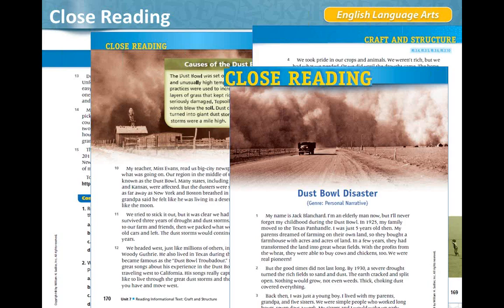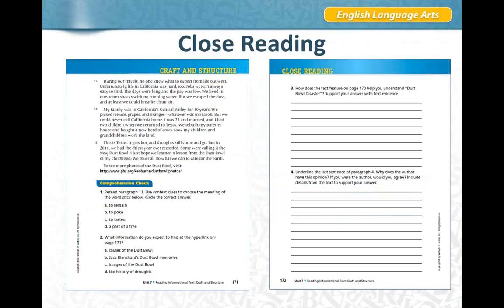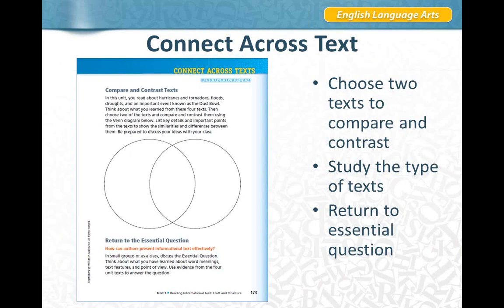So the students will be learning on a grade 3 level all about the Dust Bowl, and this is a personal narrative. It's very interesting. I just love how this is all tied together. At the end of the close reading, the students will be asked to go back and read and cite their evidence and support their answers.